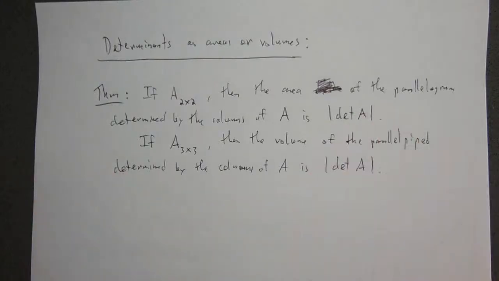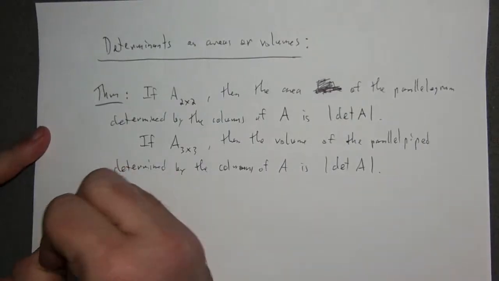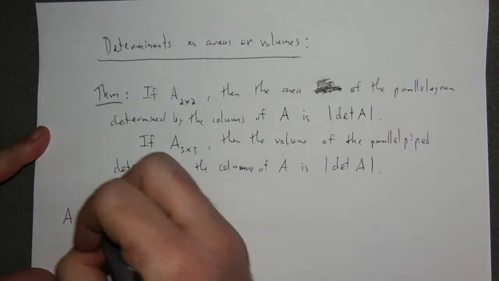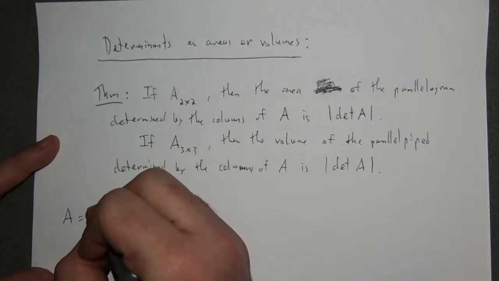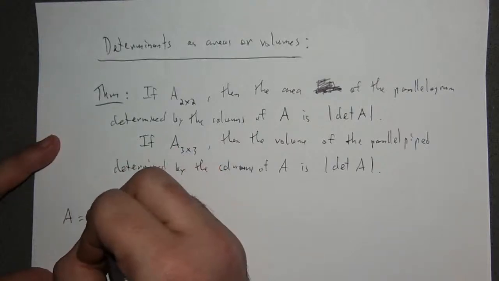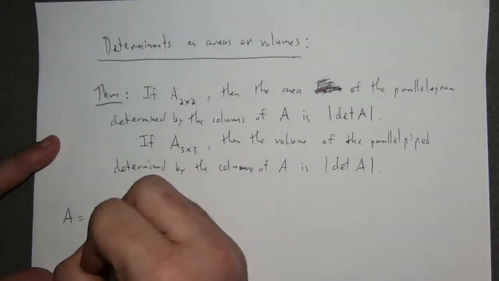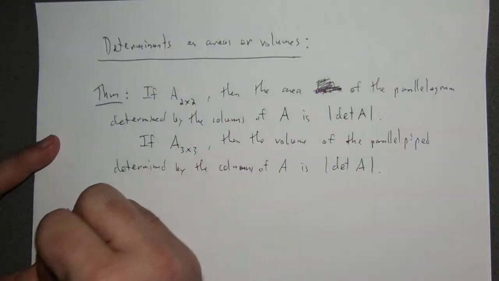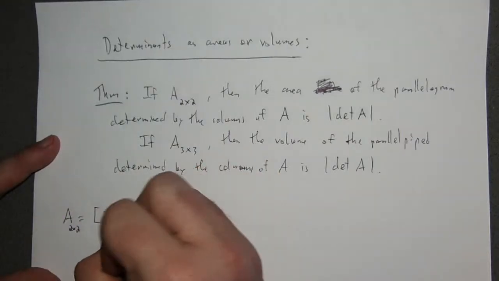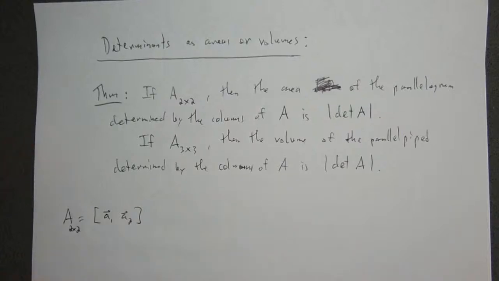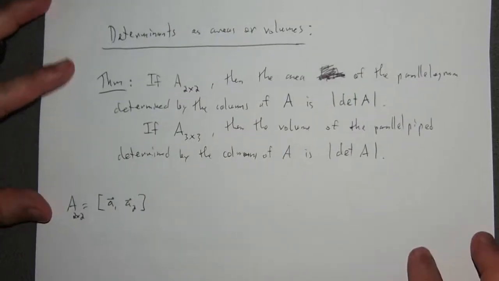The same thing is going to hold true. Okay. So, what is the picture here? First of all, you might have some questions. What do I mean by the parallelogram determined by the columns of A? So let's say that I have a matrix A, and let's say that it's a 2 by 2 matrix. So it has two columns, a1 and a2.